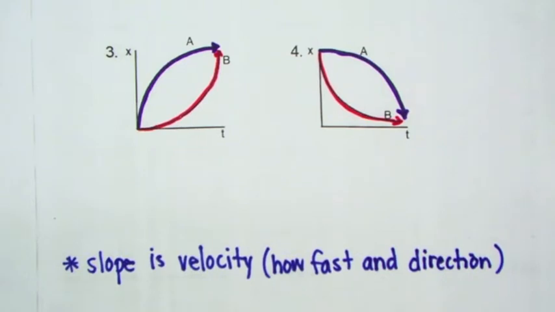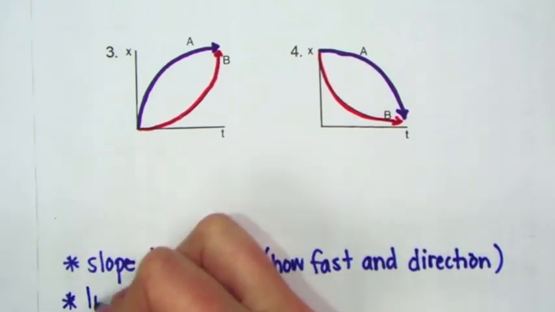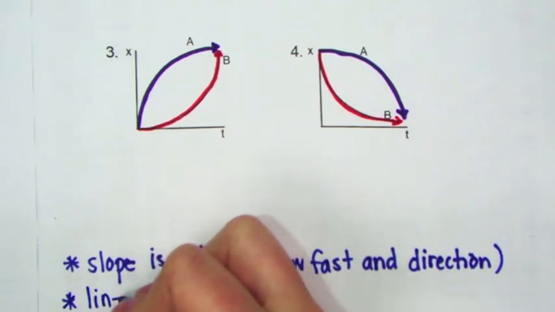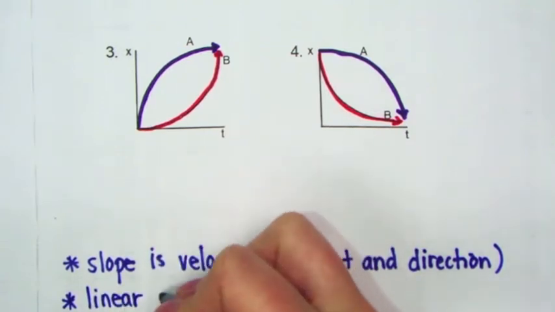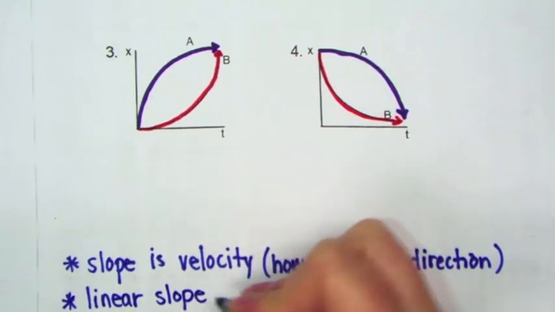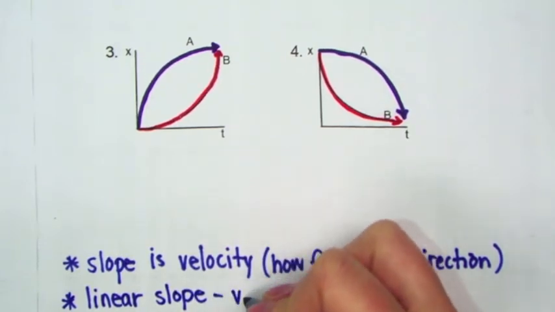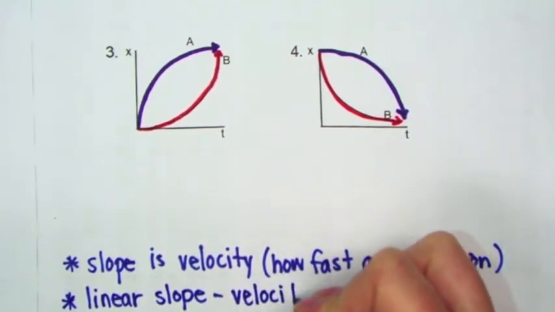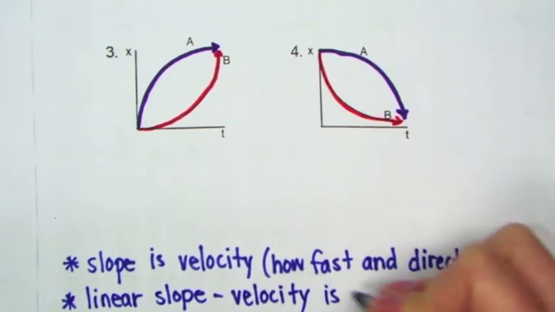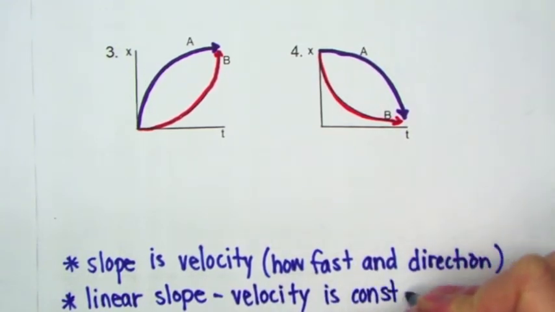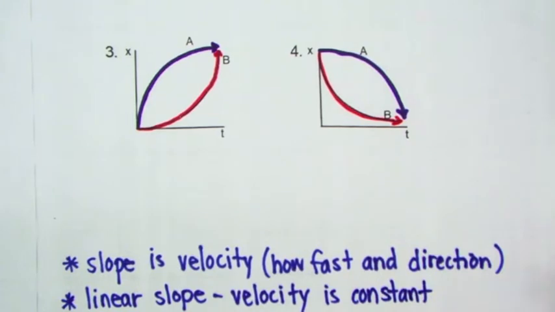Okay? You also need to understand a linear slope, the velocity is constant, meaning it won't change the entire time.